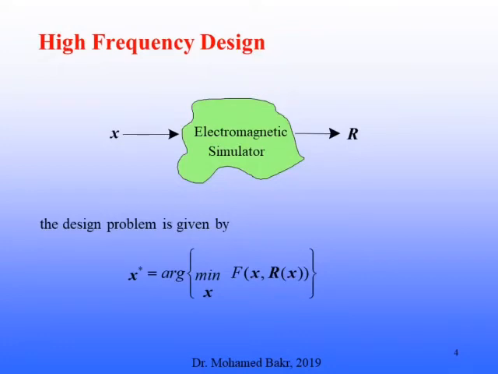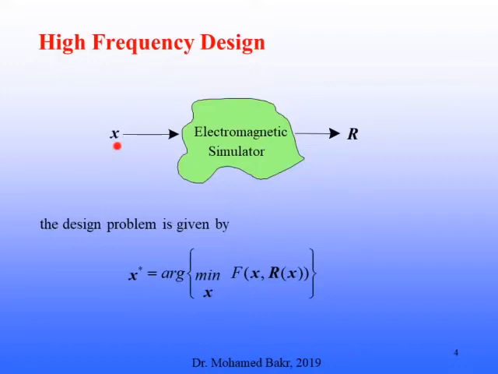Okay, so now we start to ask why adjoint sensitivity analysis. The general optimization problem. This slide here talks about high frequency, but the concept is really the same, whether it's low frequency or high frequency. You have an electromagnetic structure. This electromagnetic structure can be an antenna or can be an electric motor.